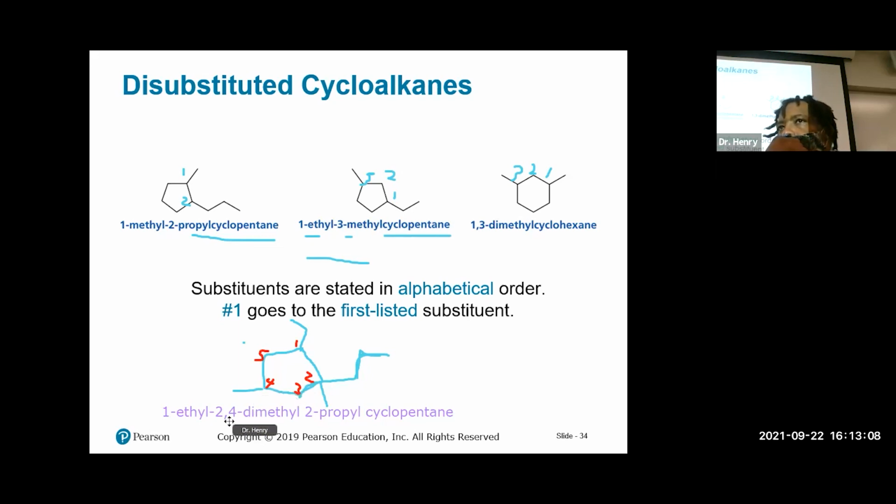So we take that into account by saying dimethyl. The only time that you use methyl propyl is if the methyl chain was hanging off of the propyl group, and it's not doing that. Okay, makes sense? Good.